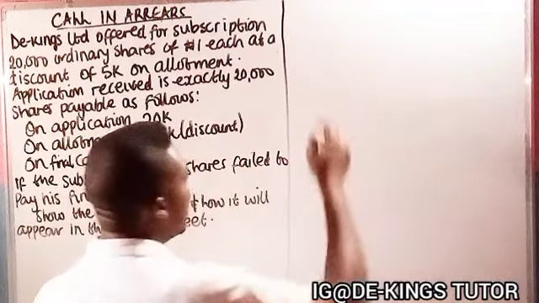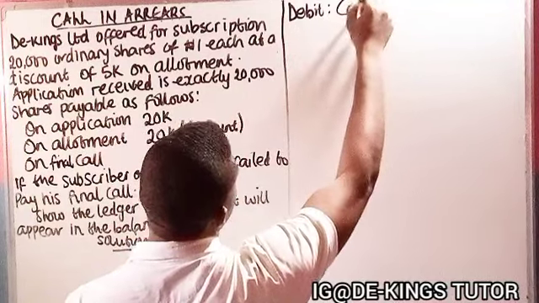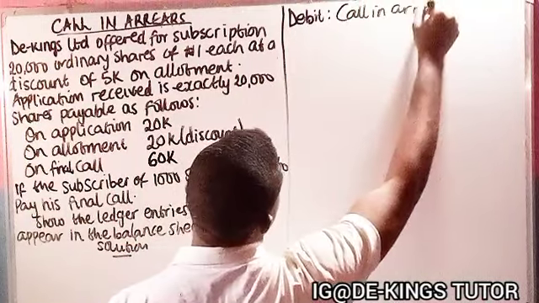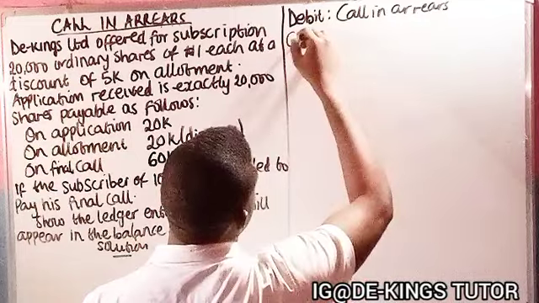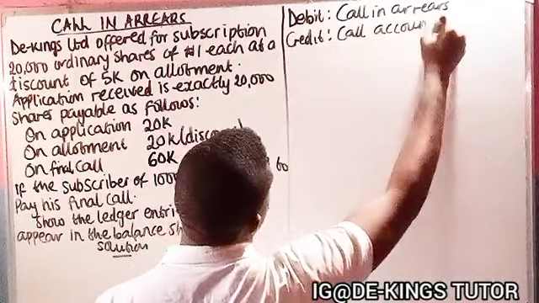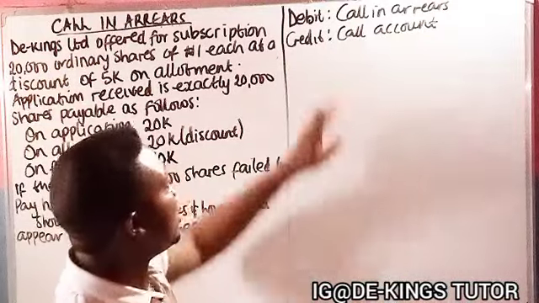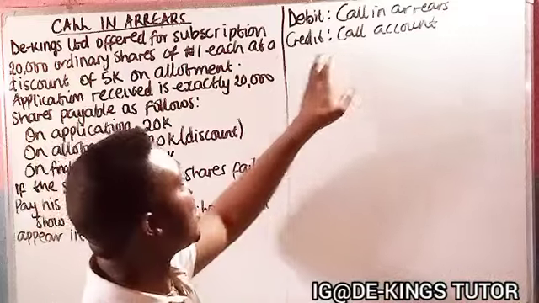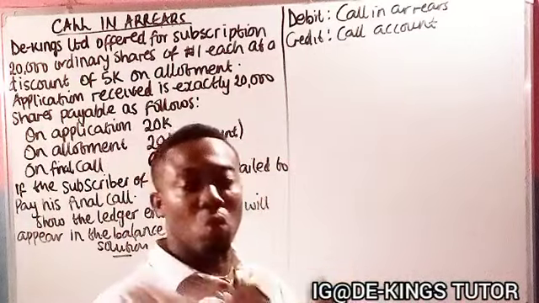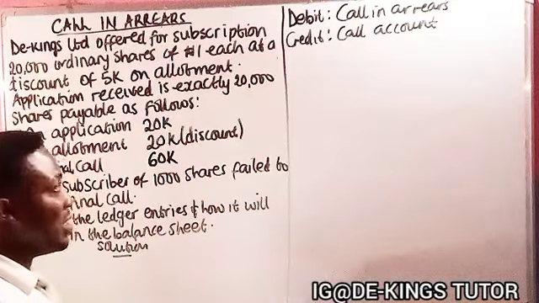So the entry is to debit the call in arrears account and credit the call account with the amount in question. So that is the call in arrears.